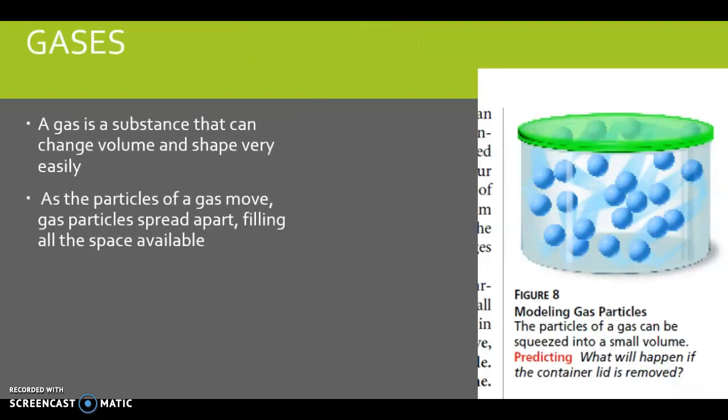Okay, so the last state of matter is gases. Gases are substances that can change volume and shape very easily. As the particles move past each other, they're constantly filling the space available to them. We've gone through all of this: solids have a definite shape and definite volume, so they keep the same shape and the same volume no matter where you put them.